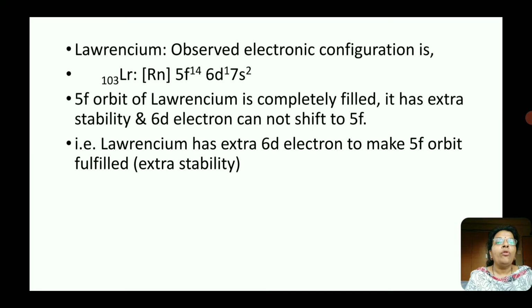Now in case of lawrencium, the 5f orbit is completely filled. It has extra stability and the 6d electron cannot shift to the 5f orbit. That is, lawrencium has an extra 6d electron to keep the 5f orbit completely filled.